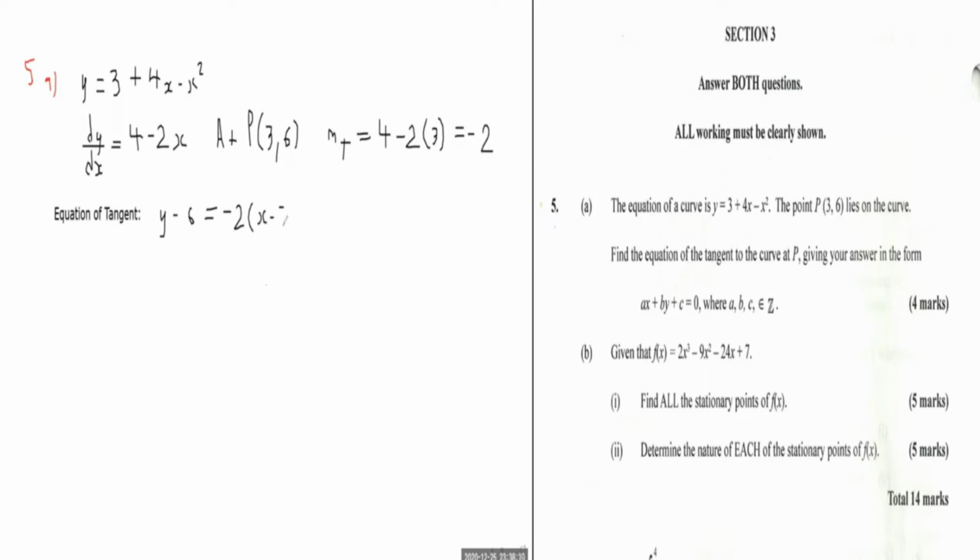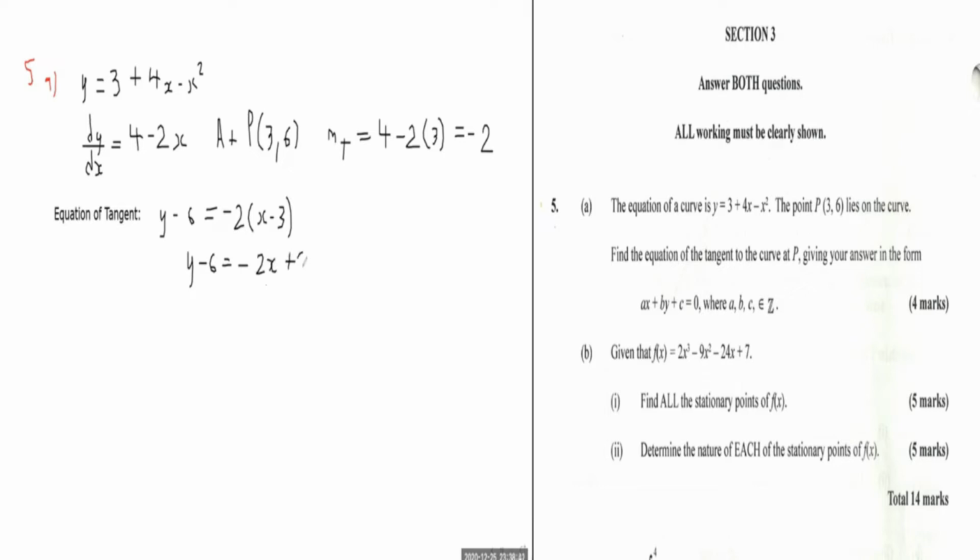But we can't finish here, so they want it in a particular form. They want it in the form ax plus by. So what we need to do is write it as y minus 6 is equal to negative 2x plus 6.